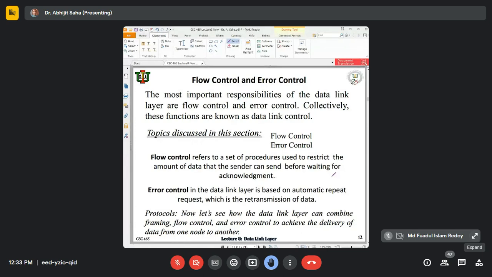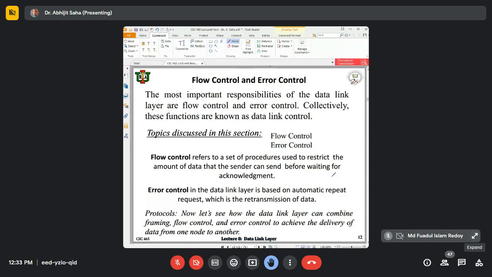So there should be a mutual understanding of how much the sender is going to send to the receiver at a time. I gave the tennis ball example in your class, I hope you can remember. Yes, sir. Yeah, so that is flow control.